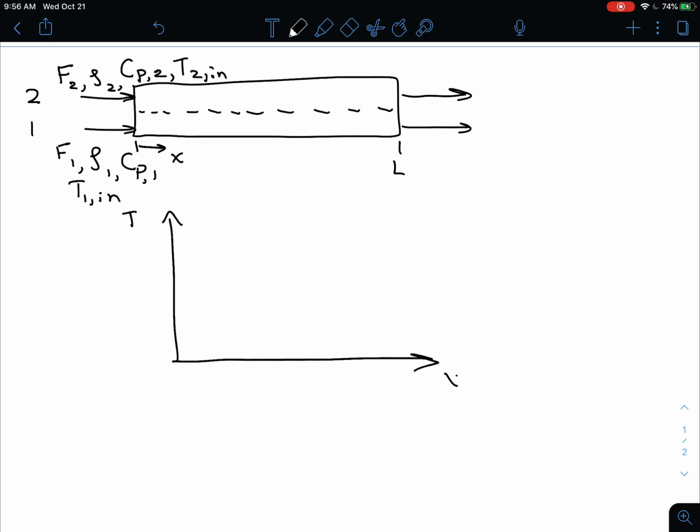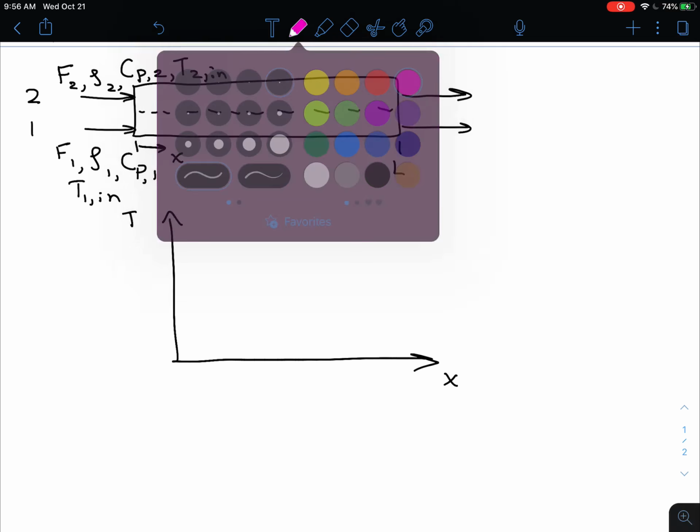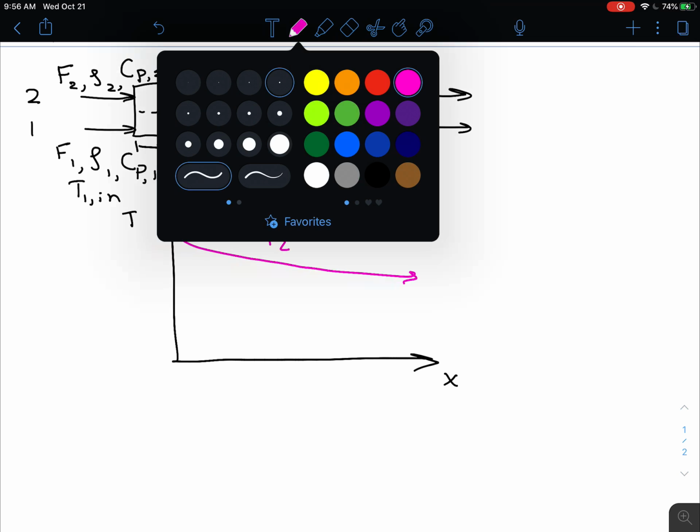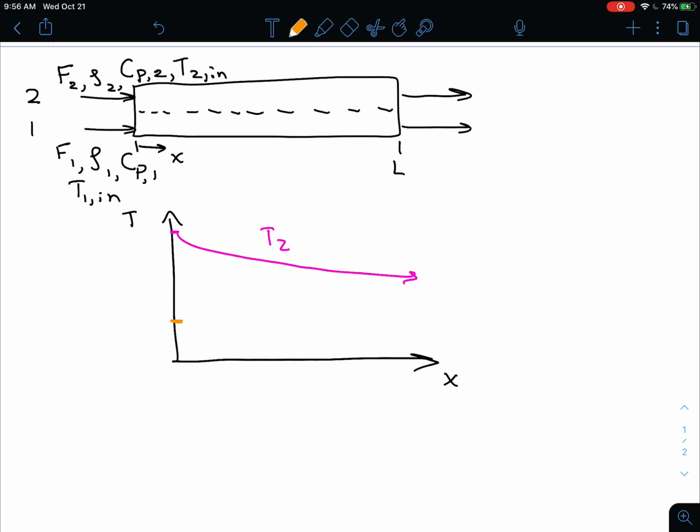versus x. If we let this be stream 2's temperature, T2, and a different color be stream 1's temperature, then we expect the hot stream, stream 2, to transfer energy to stream 1 so that if the exchanger is long enough, the two streams should come to the same temperature.